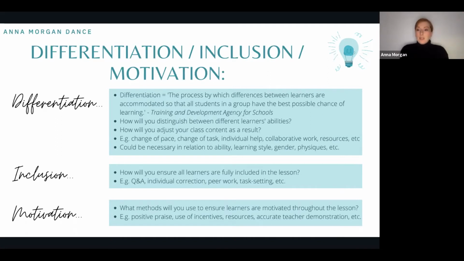So the first thing we need to do is actually distinguish between our different learners' abilities, and you can spend some time thinking about that when you get to know your class and think, well, what are the differences? And then you've got to think how you're going to adjust your class content as a result. And this is one of the key things that you're marked on in both your interim and your final assessment.